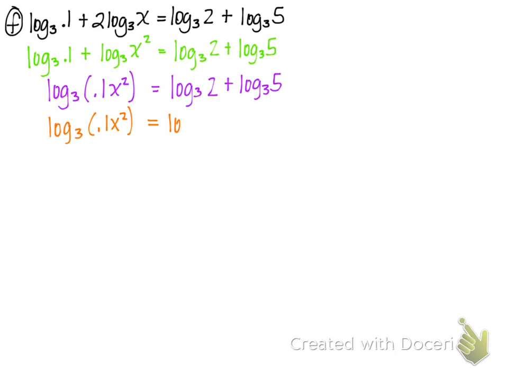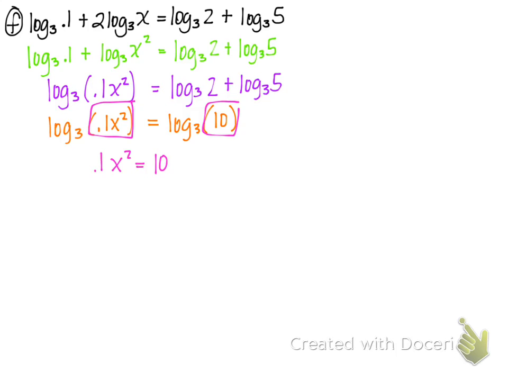So we have log base 3 of, and 2 times 5 is 10. Now, what we have here is a case like we were talking about earlier. We've got a log with the same base is equal to a log with the same base. So we're going to set their insides equal to each other. So we have 0.1 x squared is equal to 10.